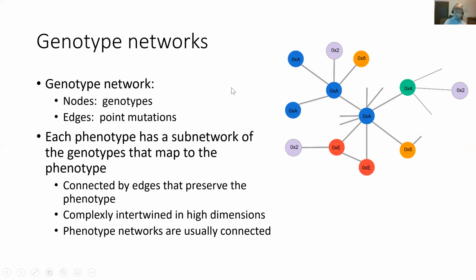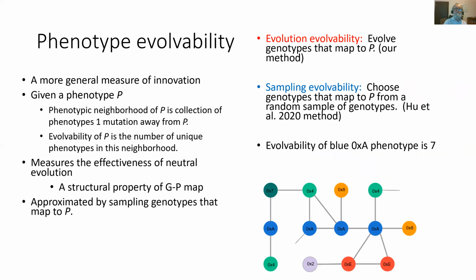A remark that for our parameter settings, phenotype networks are almost always connected. Phenotype evolvability: we're more concerned about phenotype evolvability than genotype evolvability. And so what do we mean by this?